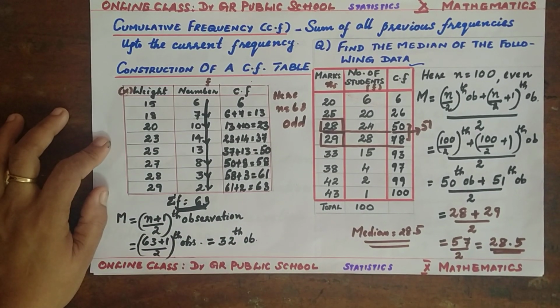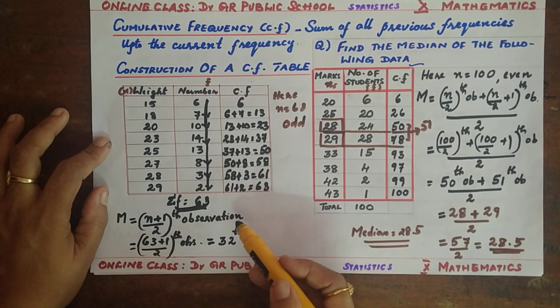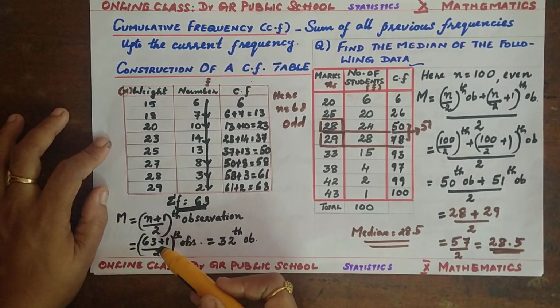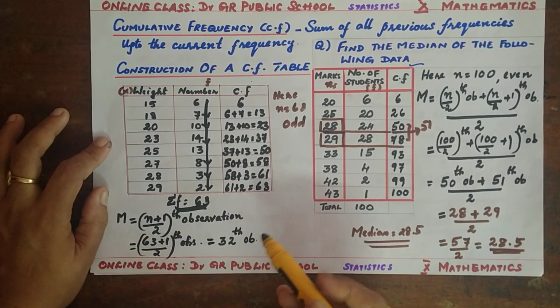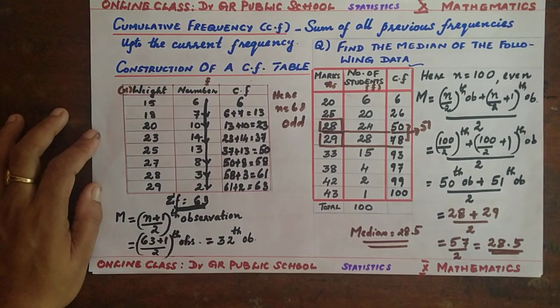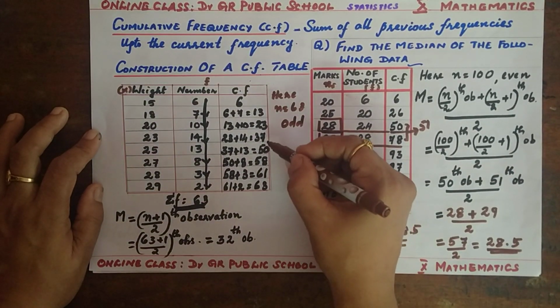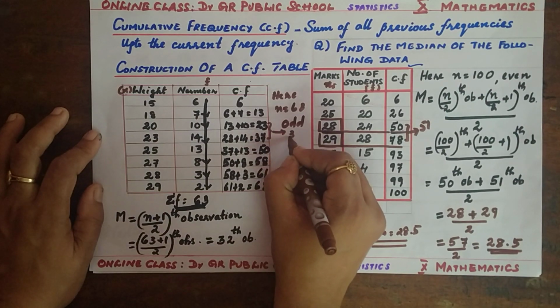Am I right? So, apply the formula for odd numbers. You get the formula as (n plus 1) by 2th observation. n is 63, when substituting you have 63 plus 1, that is 64 by 2. What is 64 by 2? 32nd observation you need to take. Now, look at the CF column, whether you can find the number 32 here. In the CF column, no number is 32, but we know that 32 lies between these two.